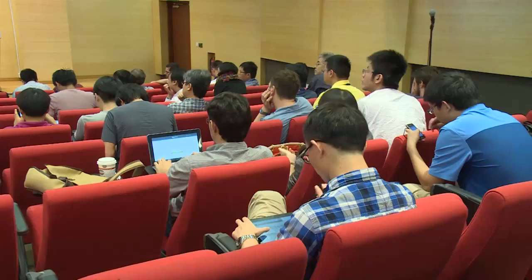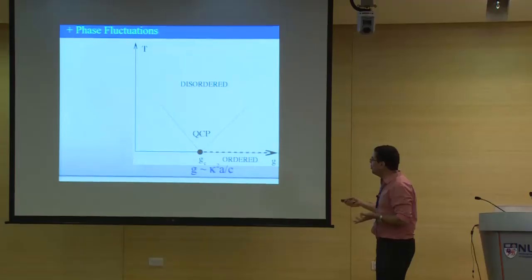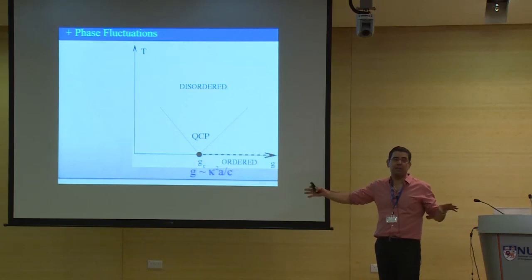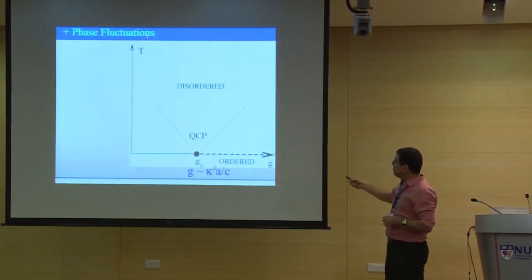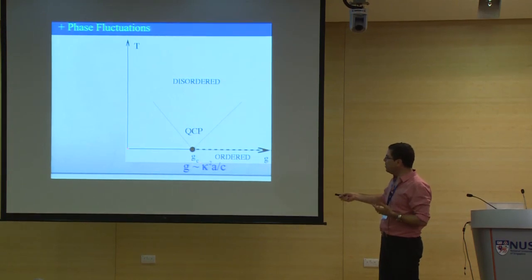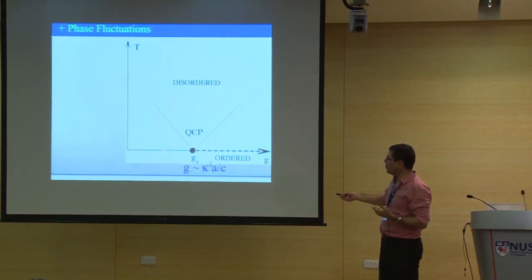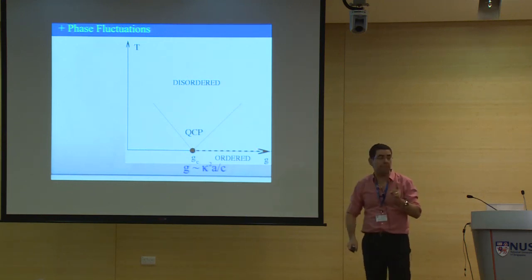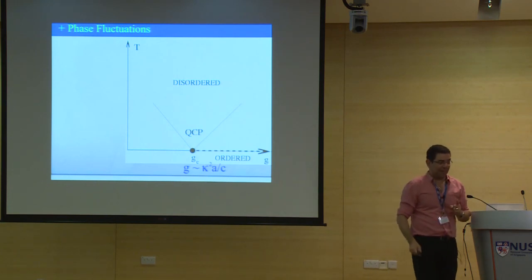BCS in a metal. Okay, so again, this would be the phase diagram if I have a two-dimensional system. Temperature, this is coupling, which is essentially electron-phonon coupling. Then you see nothing, no superconductivity up to some point, and then you would get superconductivity, but only at zero temperature. Okay?